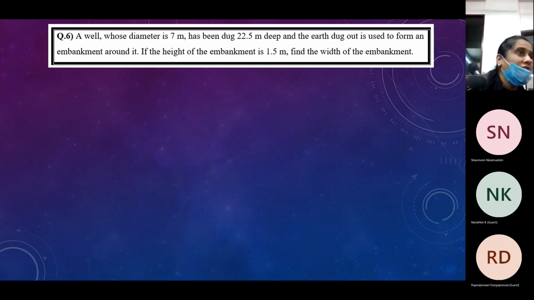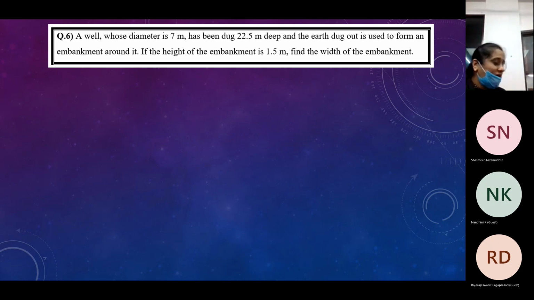Because when you dig the well, it is on the surface of the ground. So there is a wall built around the well, right? Around the mouth of the well. What is the shape of the mouth of the well? Circular. So the wall which is built around it is a cylindrical shell. It's not a solid cylinder. It's a cylindrical shell. That means the wall is thick, right? It's cylindrical and the wall is thick.